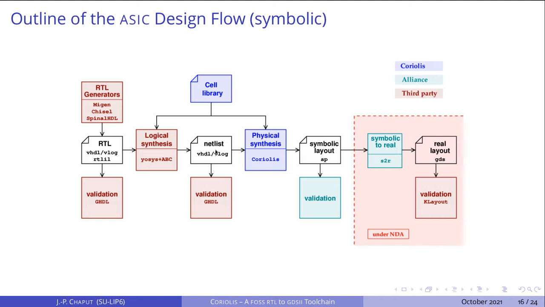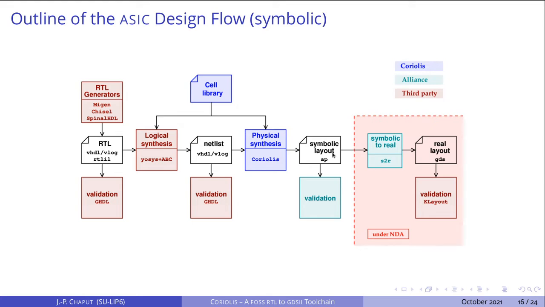Then we have the steps we just discussed, that is the place and route with the physical synthesis, which will give you a symbolic layout that you can validate. This will be detailed in further slides. And after that, you can still share the symbolic layout.